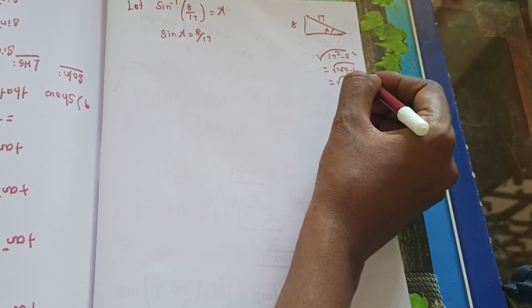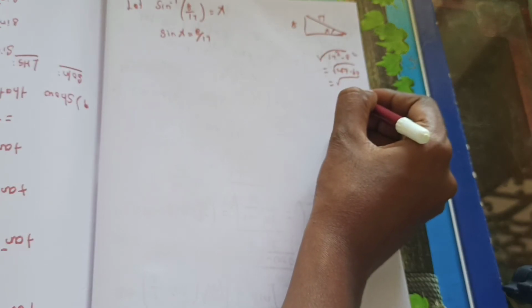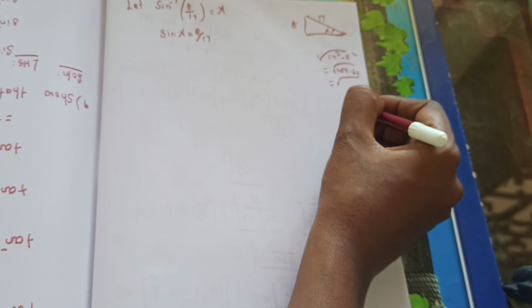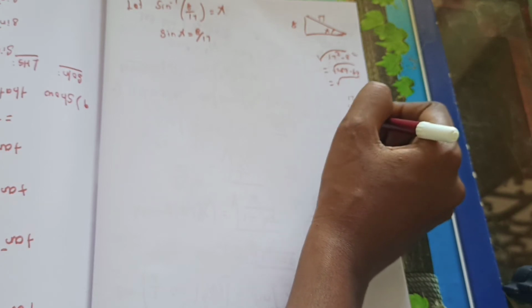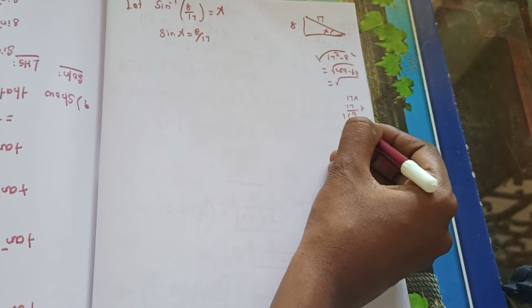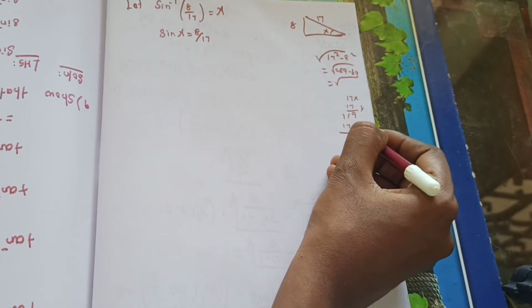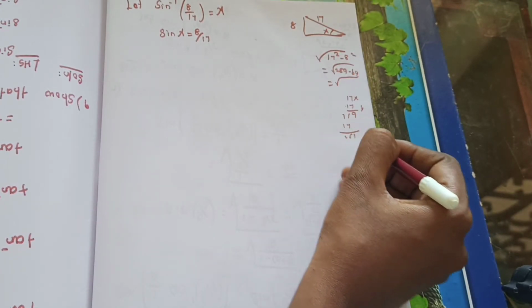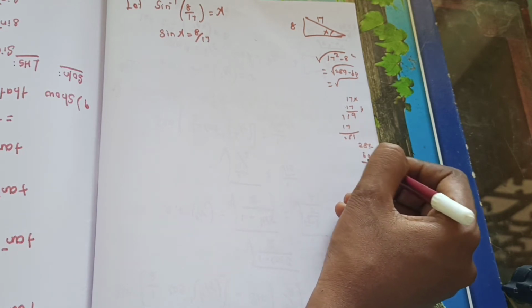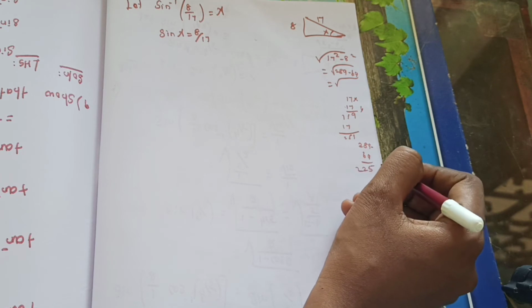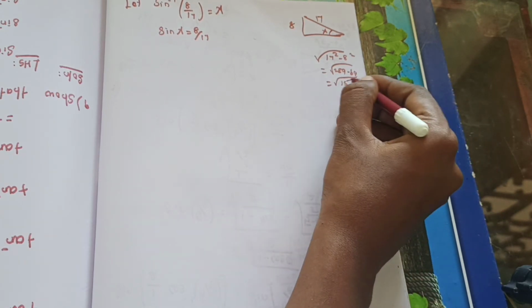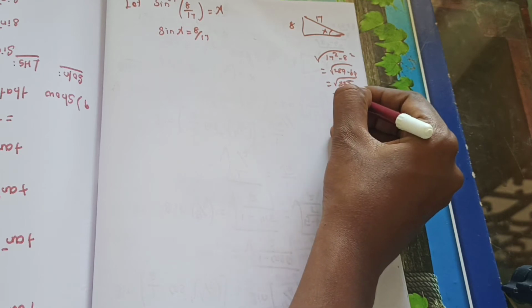Sorry, 17 square is equal. So that's equal to 15.